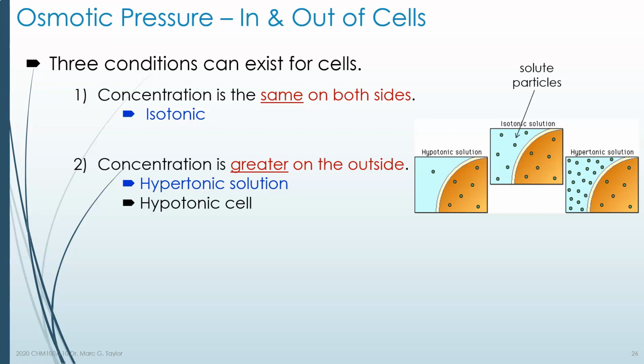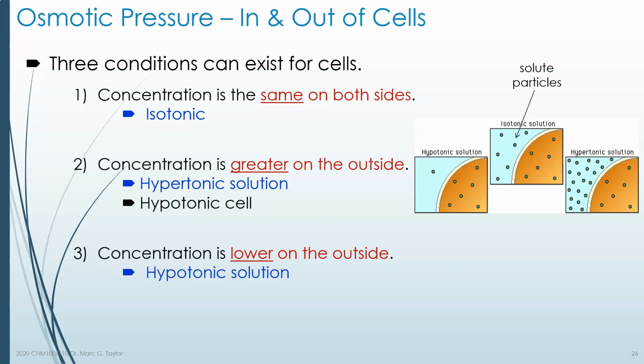Hypo meaning less than or lower than, hyper meaning greater than or more. We can also take cells and put them in, say, pure water or water with not enough salt or sugar in it. And that is called a hypotonic solution, a low concentration solution relative to the concentration in the cells. So the cell in this case would be hypertonic relative to the solution. So you can have all three of these situations under different conditions.